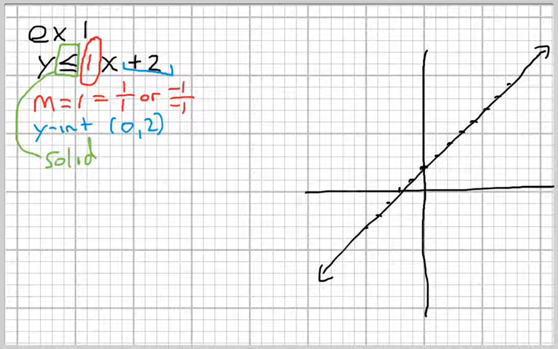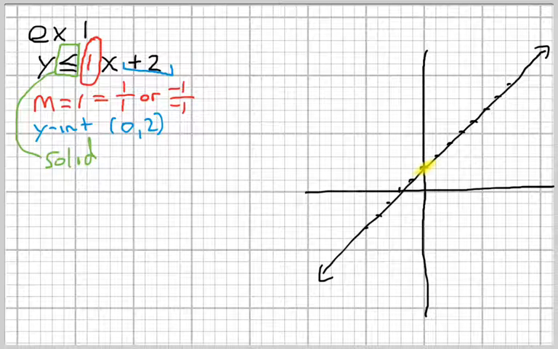Now we have to figure out what part of the line we are going to shade. Are we going to shade the top part or the bottom part? The easiest way to determine that is to take a look at your y-intercept. You're standing right here on your y-intercept. Your equation said y is less than or equal to.